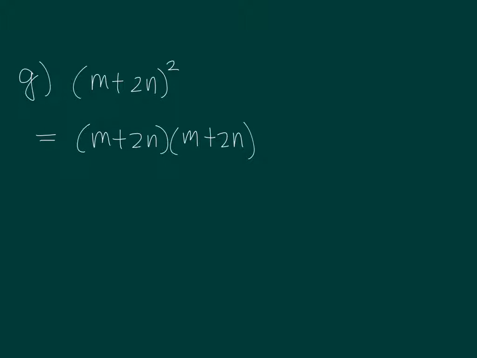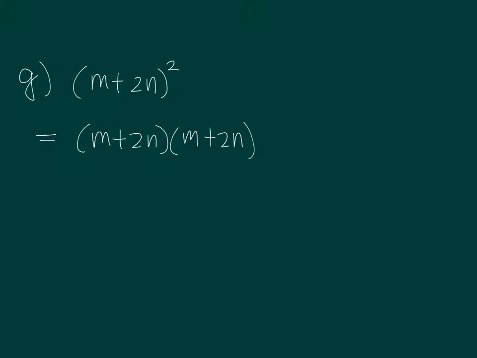And then we could simply apply the FOIL method or the distributive law to expand m plus 2n times m plus 2n. But remember, in class, we actually derive an easier way or a faster way on how to expand a binomial squared.